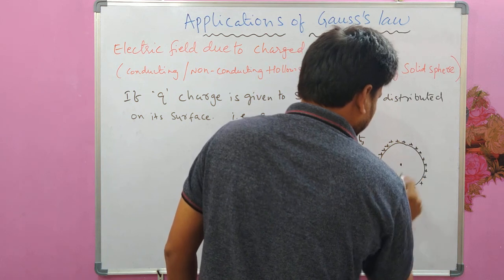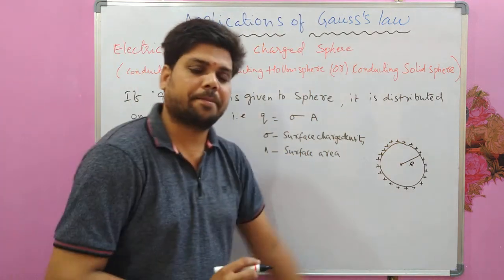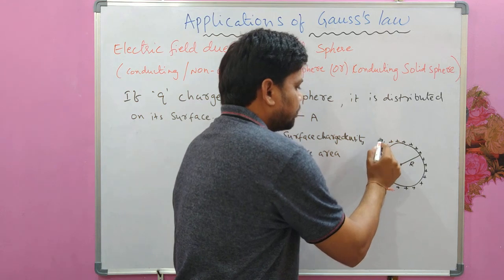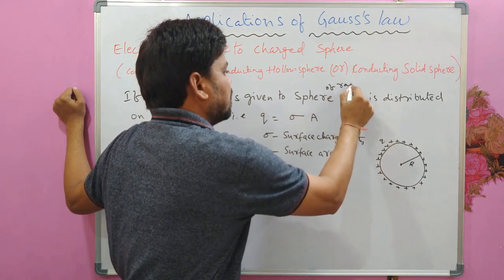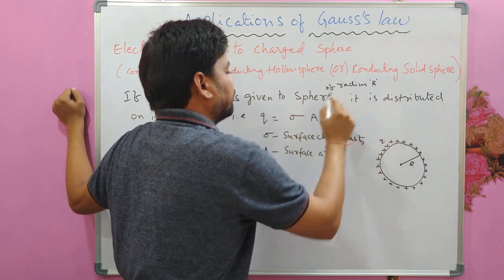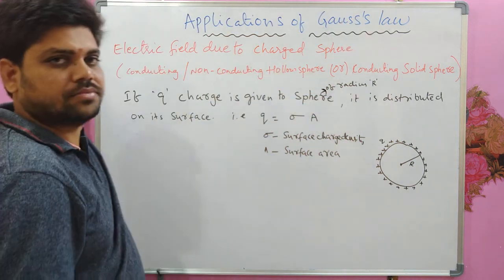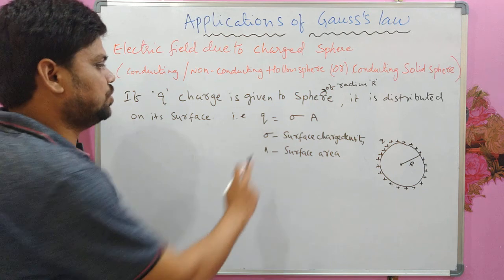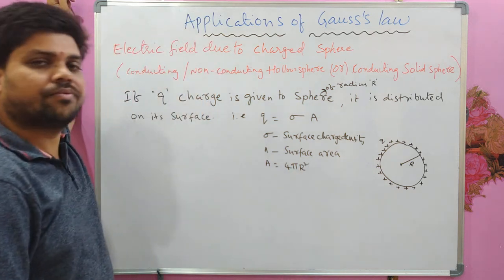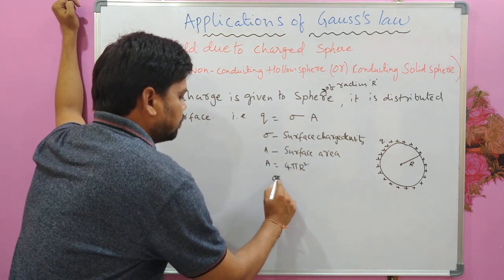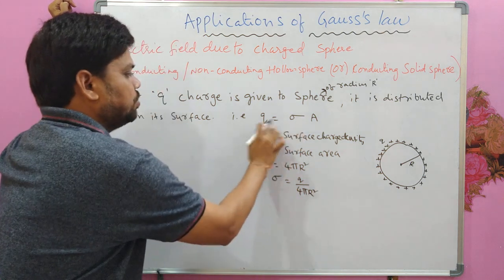If this is the center of the sphere, consider the radius of the sphere as capital R. So if Q charge is given to a sphere of radius R, it is distributed on its surface, that is Q equal to sigma A, and A will be equal to 4 pi R square, which means that sigma is equal to Q by 4 pi R square.